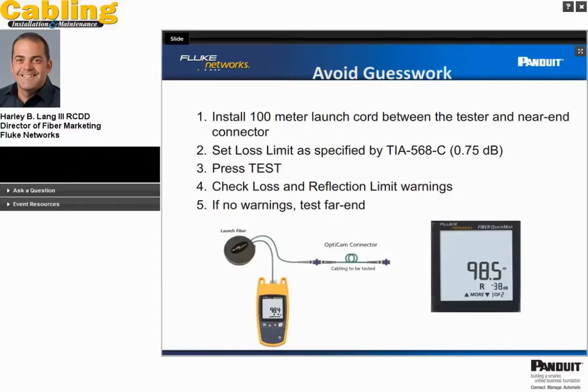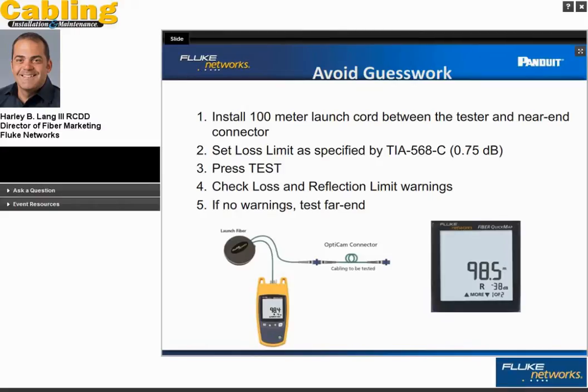So the question is, how is it used? How does it compare with other testing that we've seen in the field? It's actually quite simple. You use a launch cord, just like what you would use with an OTDR.